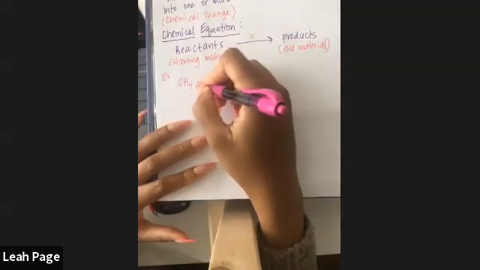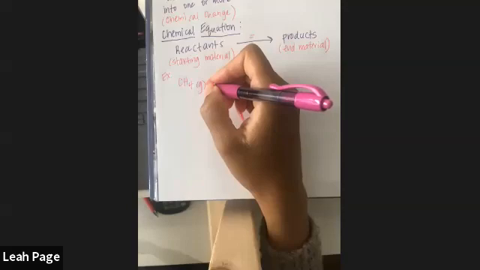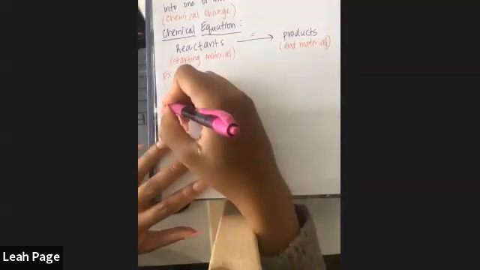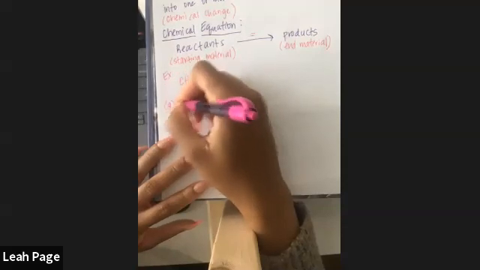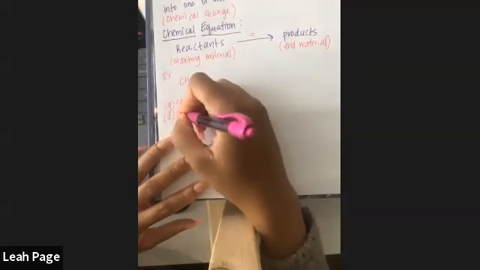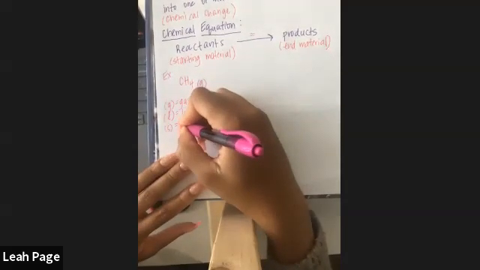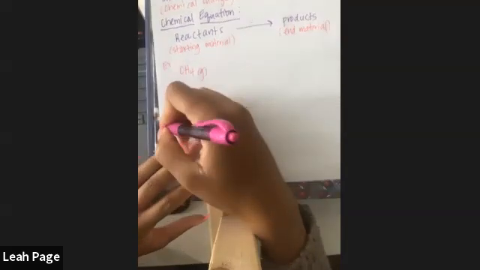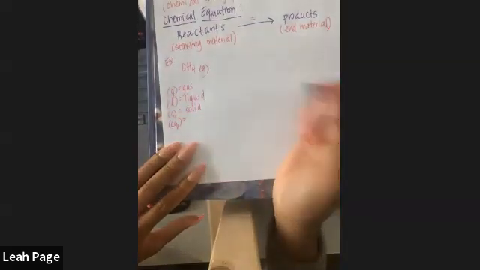And this little subscript I write here, this G, stands for gas. And we're going to write all our states of matter like that. So for instance, G equals gas. When I write an L, that means liquid. If I write an S, that means solid. And do you guys remember what AQ means? Aqueous.